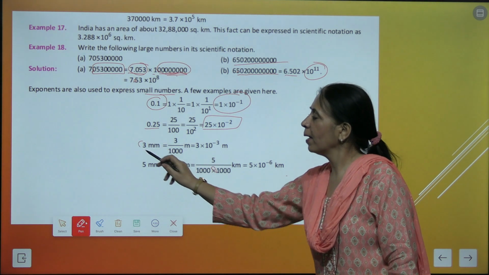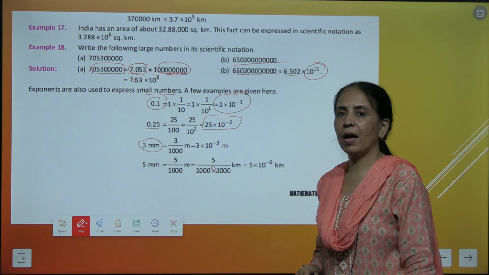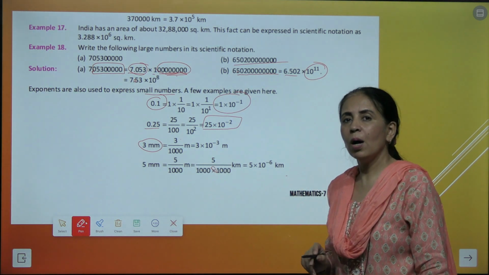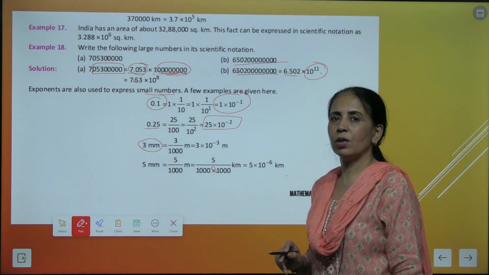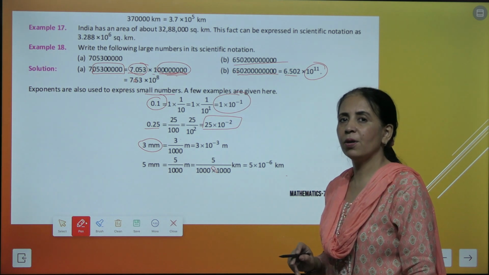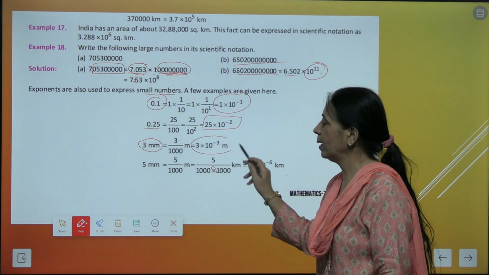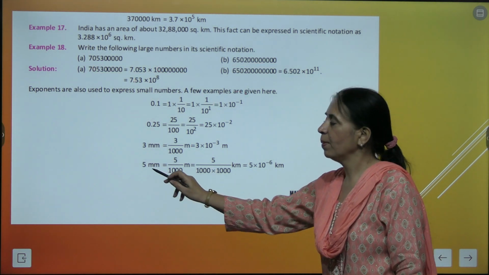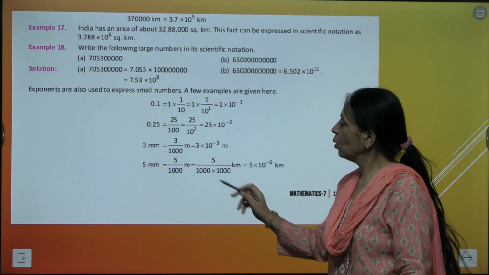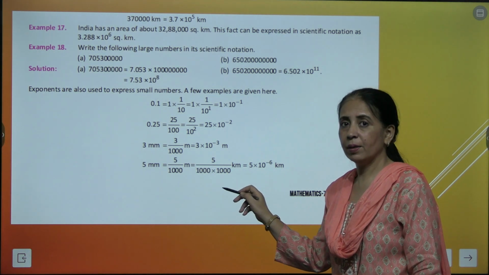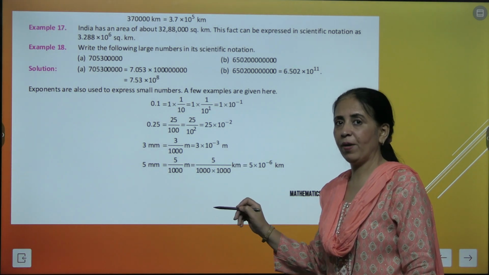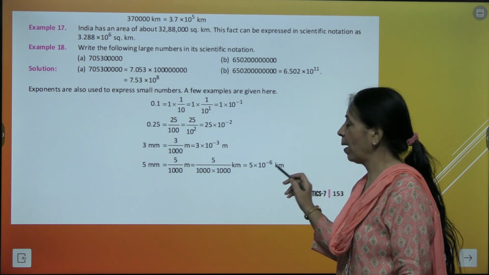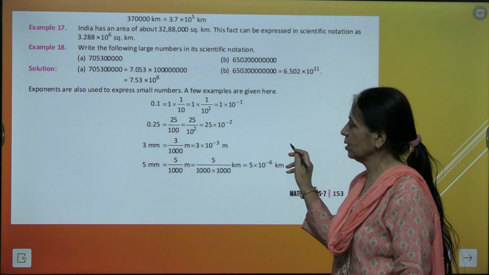Right? अगर हमें एक नंबर दिया है 3 millimeter and we convert it into meters तो हम लिखेंगे 3 upon 1000 meters और 3 upon 1000 का मतलब हुआ 3 multiply 10 raised to the power minus 3 meters. Okay? And this way if you convert millimeter into kilometer, so you are going to multiply 1000 and 1000 and divide 5 by it. So this becomes 5 multiply 10 raised to the power minus 6 kilometers.